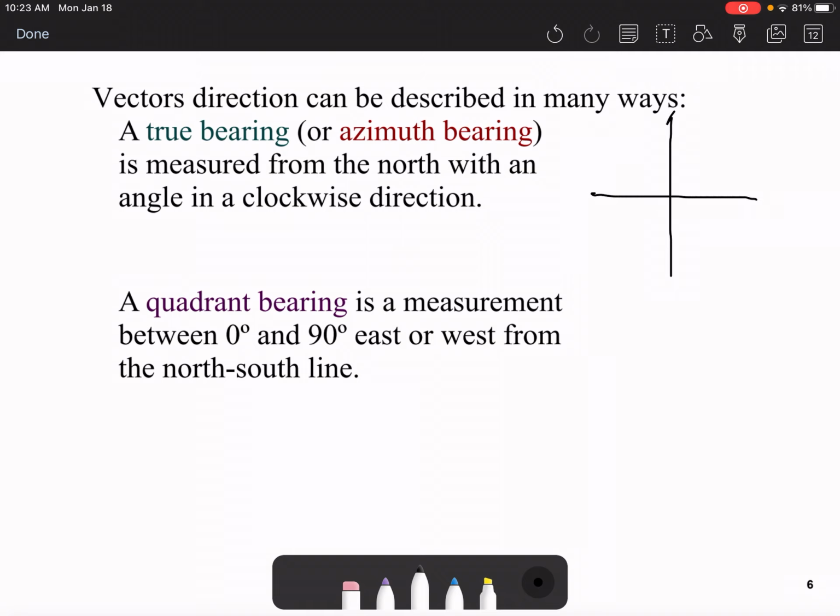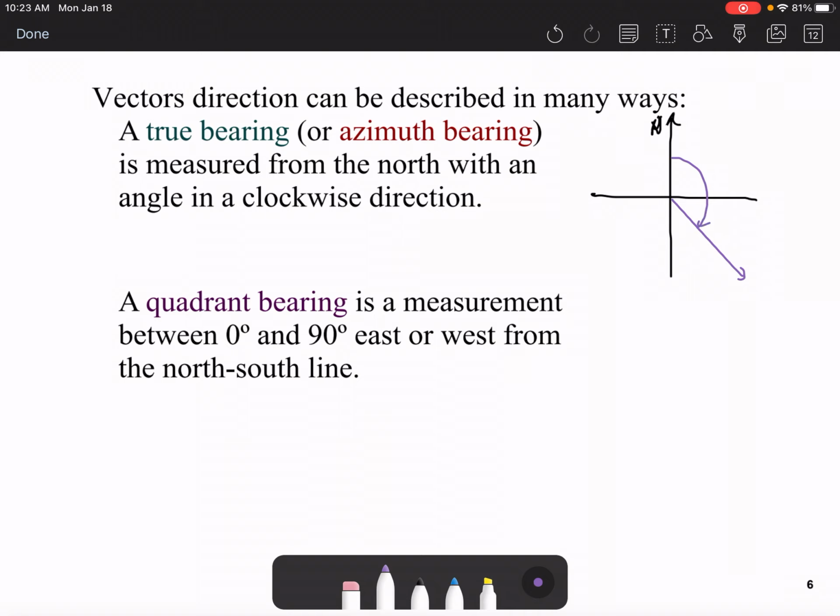I'm going to focus on the north. So you can draw something in these terms. Let's say I draw a vector down here. And from there, I'm drawing it in a clockwise direction. So going from here to here.